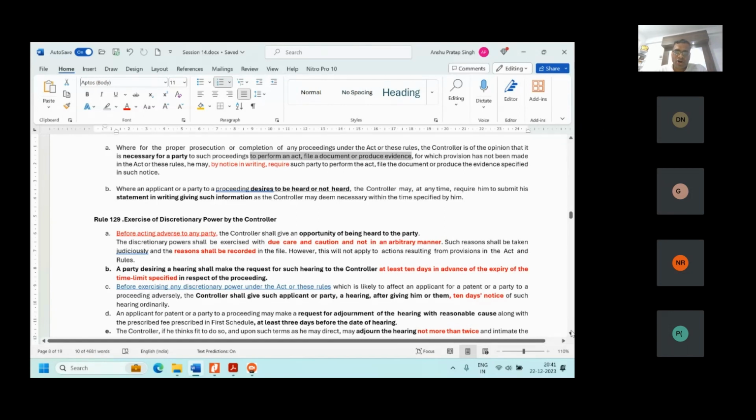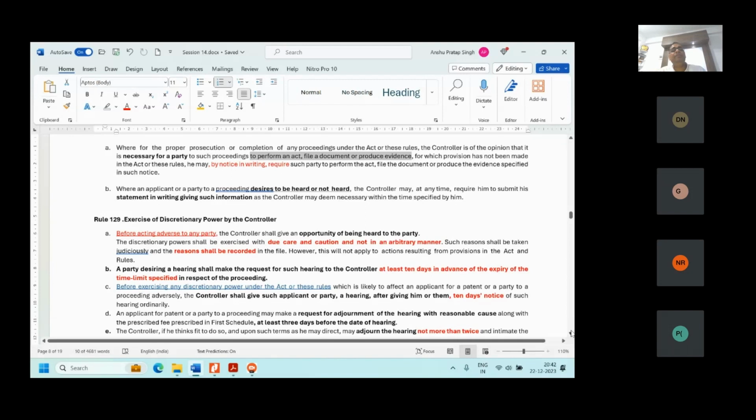Any order is considered a speaking order if the grounds on which the order is being made are mentioned in that order, and every order should have the reasons recorded. You cannot pass an order without any reasoning. You have to tell what evidence you've seen, and on the basis of this is the reason on the basis of which I'm deciding in this manner or that manner, whatever you have decided. Reason should always be there.